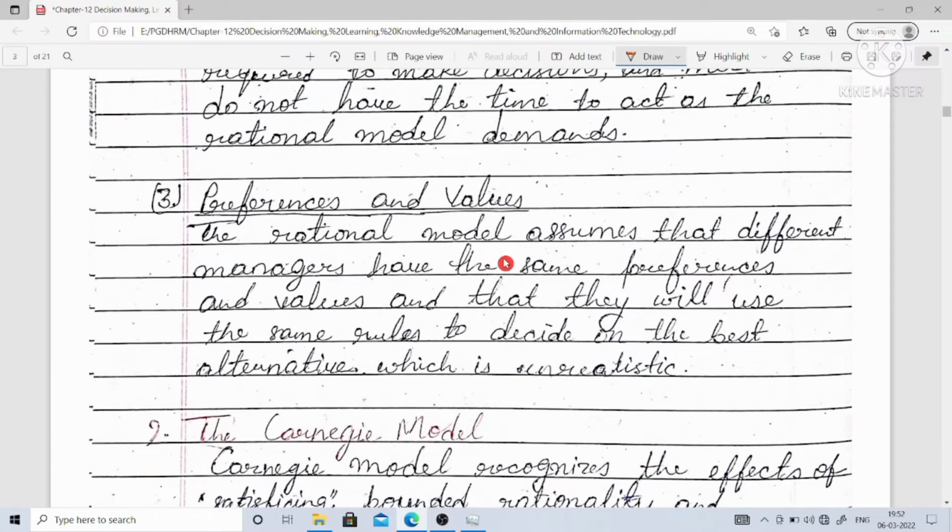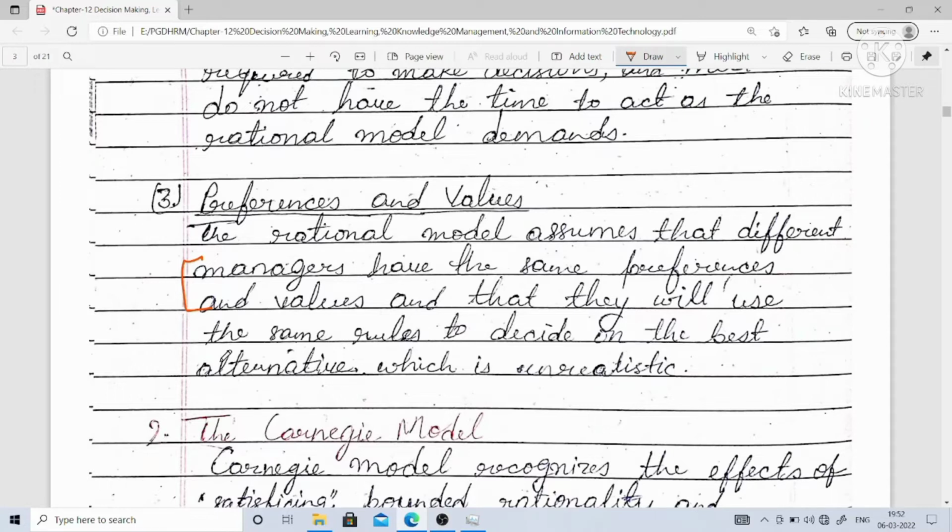Third given, preferences and values. The rational model assumes that different managers have the same preferences and values, that they will use the same rules to decide on the best alternative, which is unrealistic.